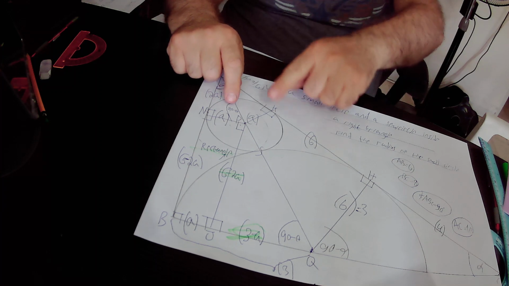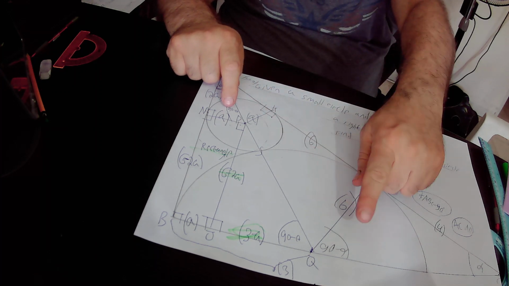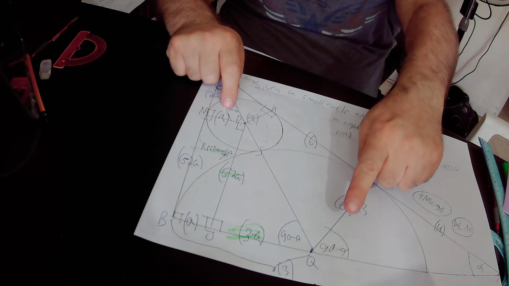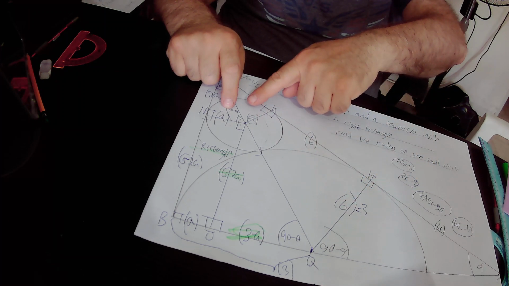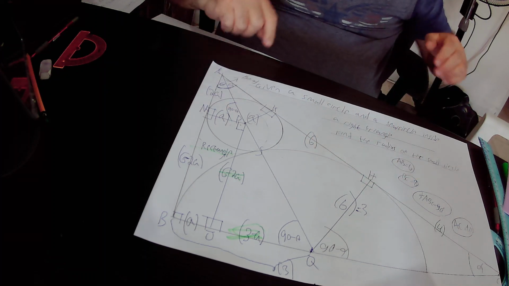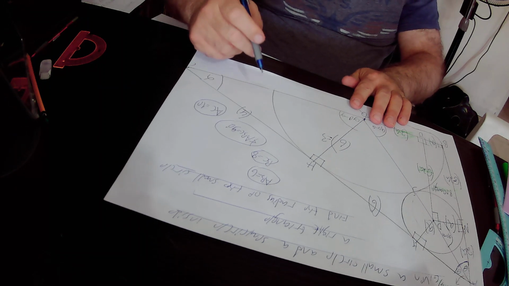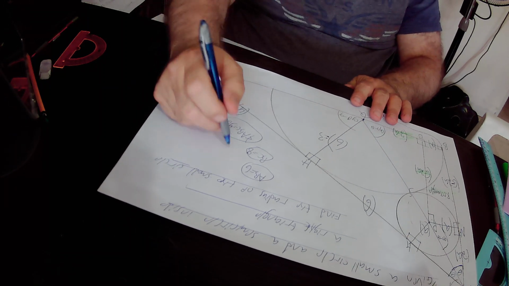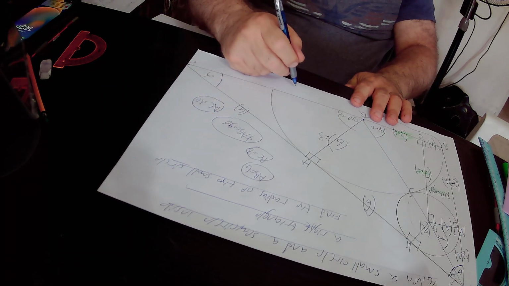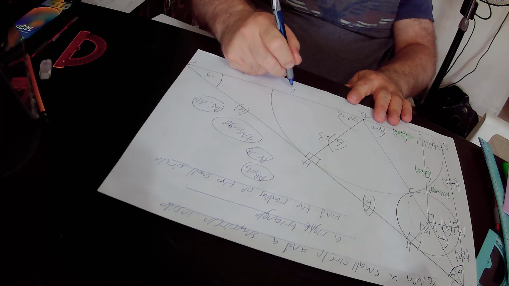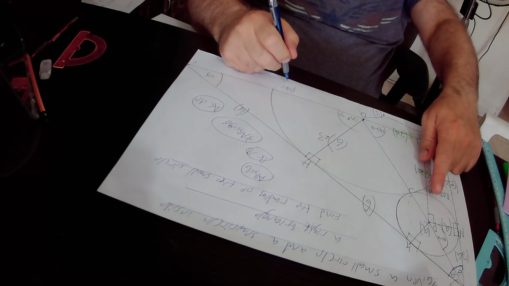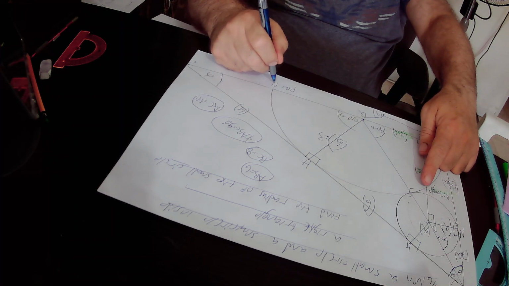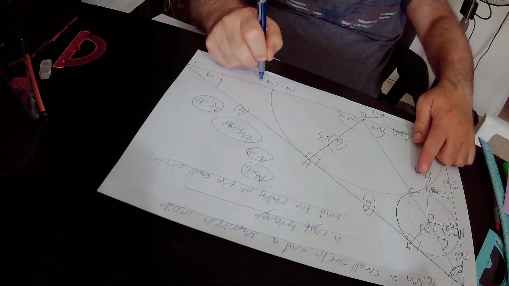If PSQ is one straight line, it means that PQ must be equal to PS plus SQ. Again, PQ must be equal to PS plus SQ because PSQ is one straight line. So I write it down. PQ must be equal to PS plus SQ.